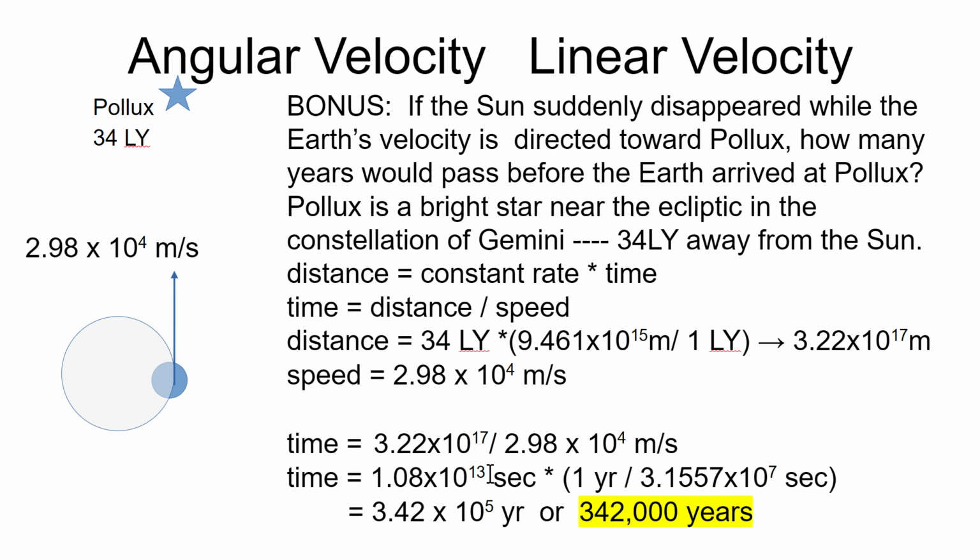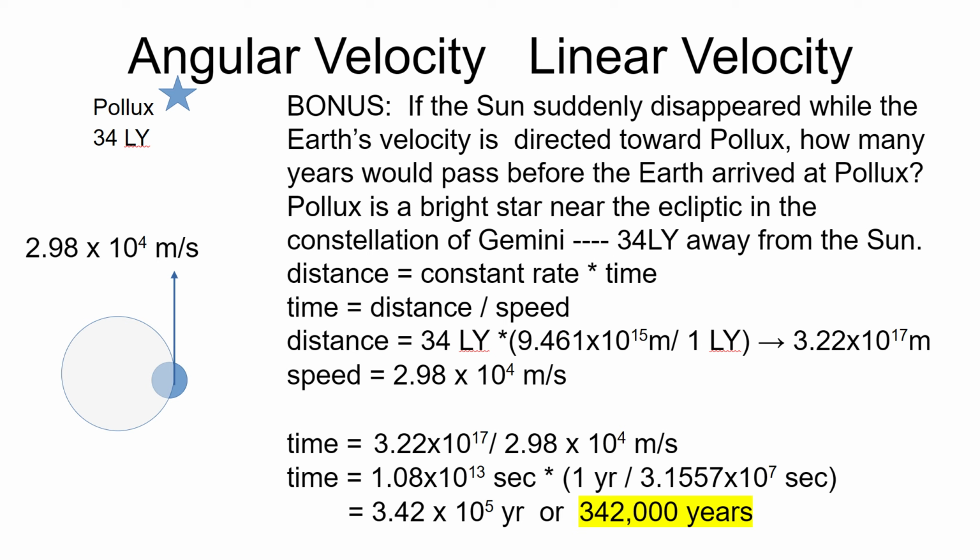How many years is that? Well, let's divide by the number of seconds in a year. And we get 342,000 years. That's how much time it would take the Earth to move from where we are now. If the Sun disappears, there's no gravity, and we maintain this speed for the whole time moving towards a star, 342,000 years.